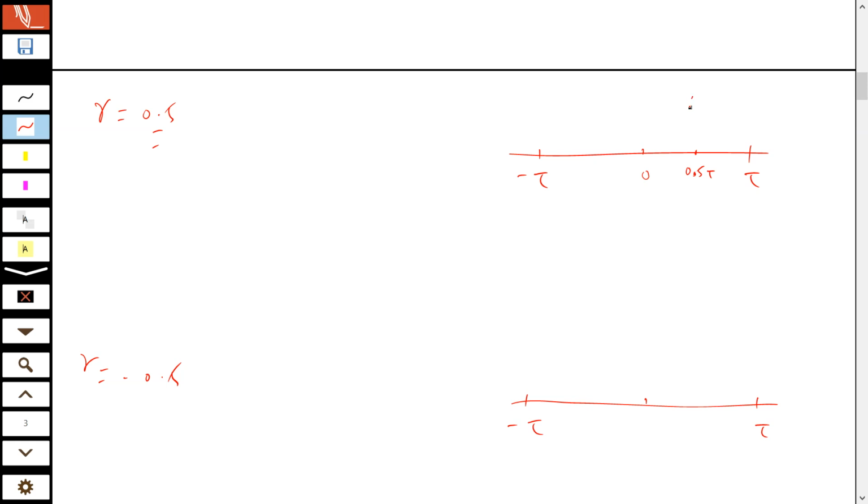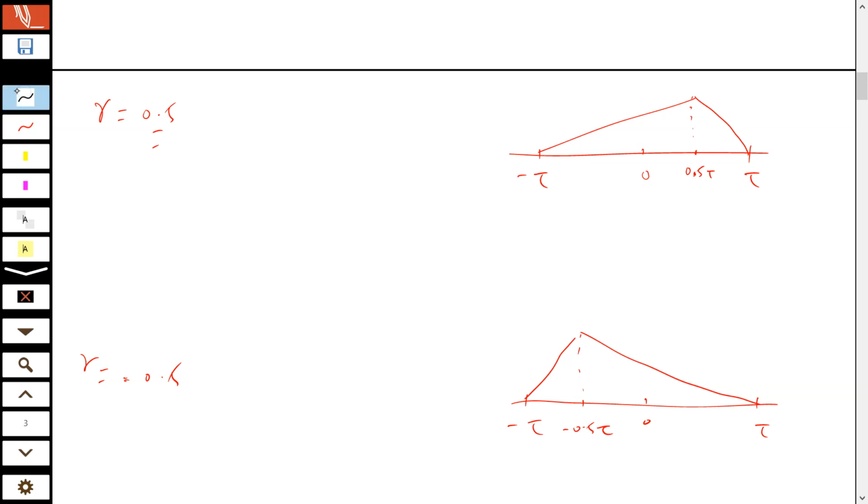Here we will have a change of slope. So you see, you can have that delta now. If it is minus 0.5, it will be between 0 and minus tau. So minus 0.5 tau, the change of slope will be here, and you can easily see that it is skewed to the left. Let's change.